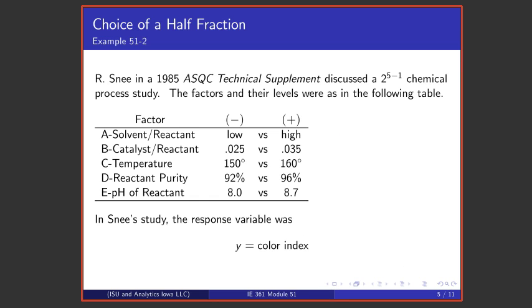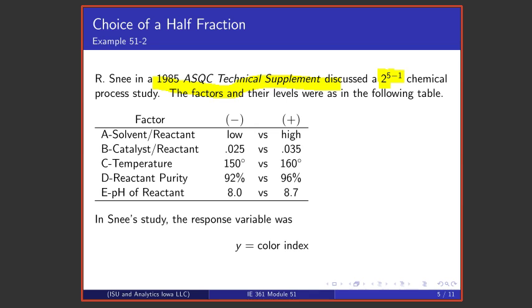Here's another example taken from an ASQC technical supplement published in 1985. Ronald Snee discussed an experiment where each of 5 factors had 2 levels, and discussed a half fraction of that.